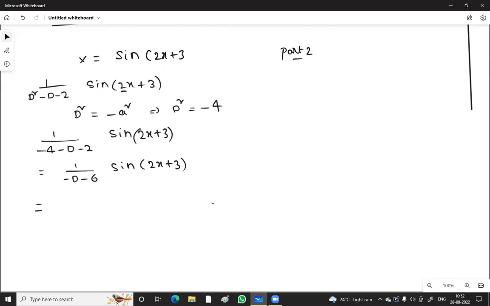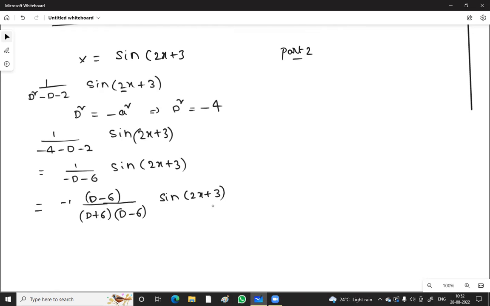So minus 1 if you take common, 1 over d plus 6. What I'm doing here, d square terms are not there, so I am bringing d terms here, d square terms here. D minus 6, d minus 6, numerator and denominator, I am taking d minus 6. Now sine 2x plus 3.